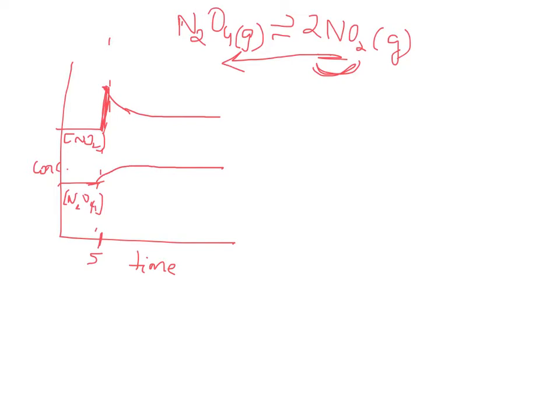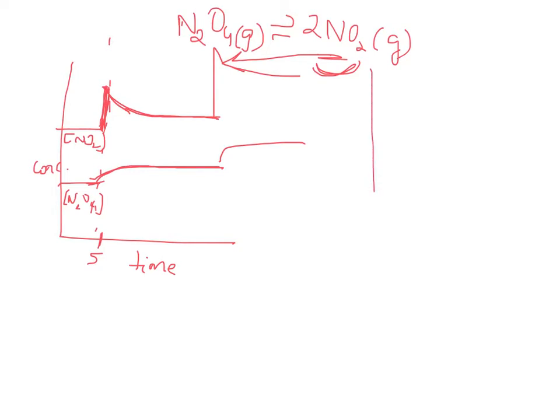So notice a slight jump, and then this one decreases, this one increases. If you slowly add a little bit more of the product, eventually you will have this ladder-like behavior, but each time the reaction is going to reset itself to get a new equilibrium.